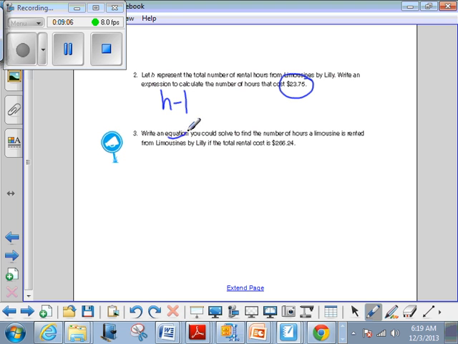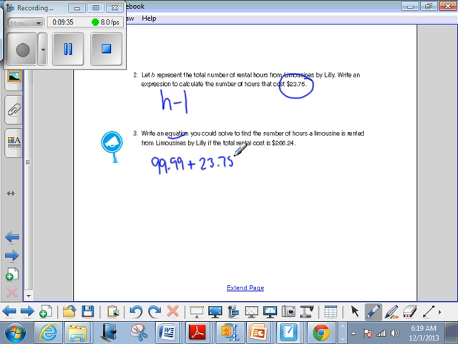So now using that, they would like us to write an equation. You could solve to find the number of hours a limousine is rented from Limousine by Lily if the total rental cost is $266.24. So again, now we're doing an equation. So we know that our cost is, we have the $99.99 for hour 1 plus our $23.75 for each additional hour.